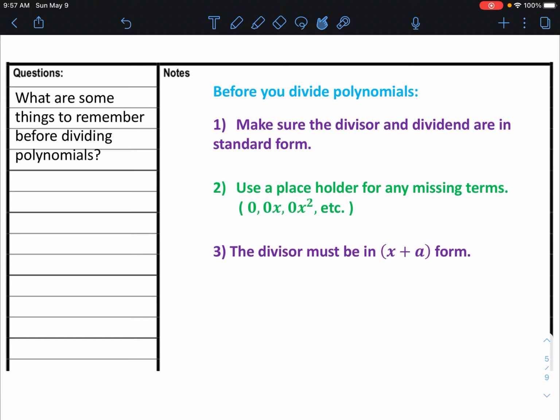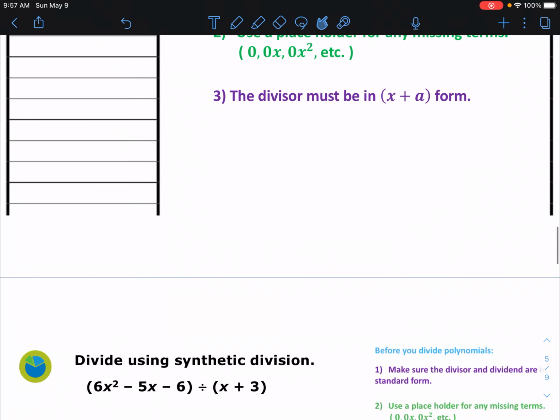And then the only time you can use synthetic division is if your divisor is in this x plus a form. Namely, that means no coefficient other than 1 in front of x. And so that has to be the case, or you cannot use synthetic division. So that's why you need long division and synthetic division.